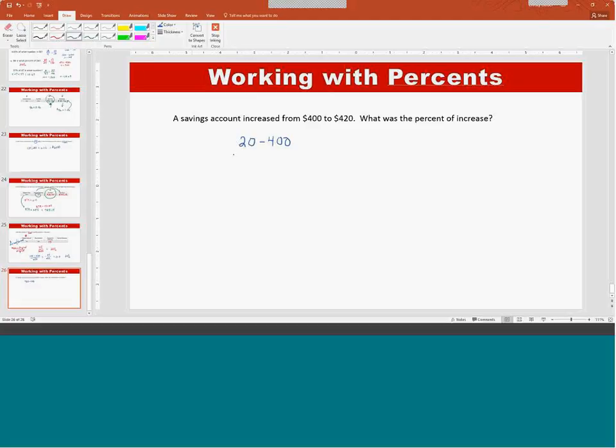It looks like a 7, though. So 420 minus 400, over the original amount of 400. That's going to give me 20 over 400, which gives me a decimal of 0.05, which is the same thing as 5%. And because this was positive and it increased, this is going to be a 5% increase.